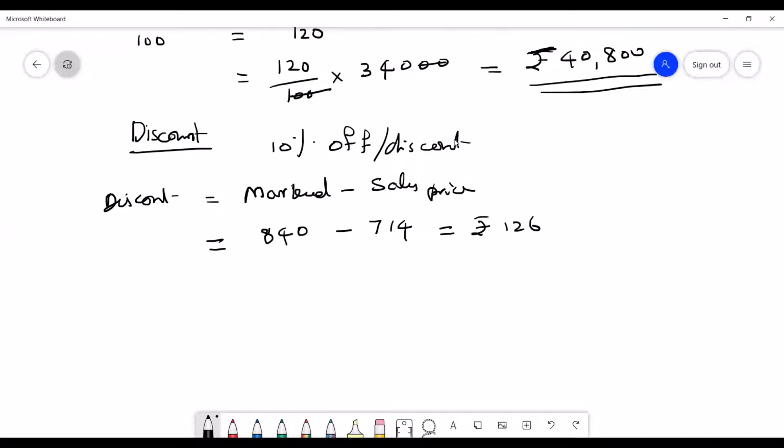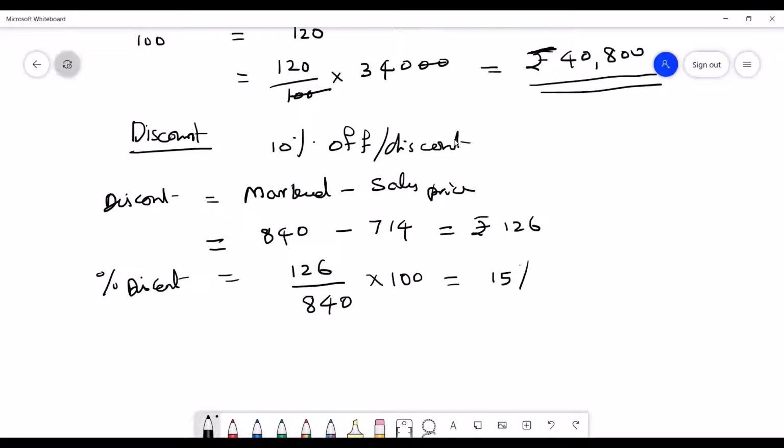126. So normally the discount is shown in terms of percentage. So what will be the discount percentage? In this case, we are getting 126, and the total price we were supposed to pay was 840, but we paid only 714, and 126 divided by 840 multiplied by 100, that will be the percentage that we will get here.